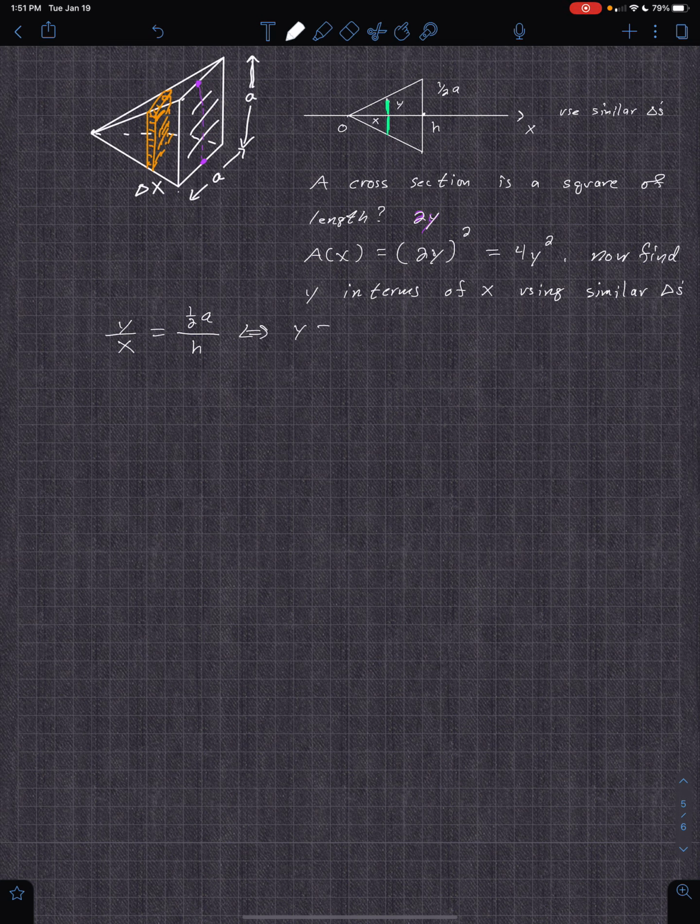So y is equal to a times x over 2h, ax over 2h. Okay. So then we want to sum up the volumes of the rectangles.